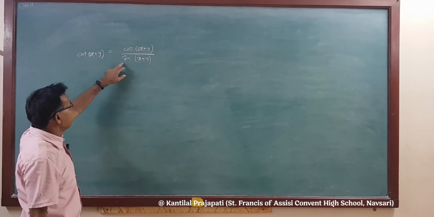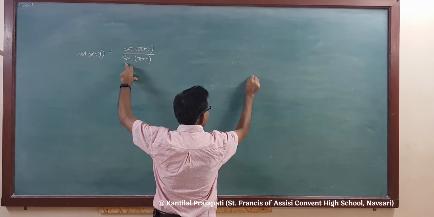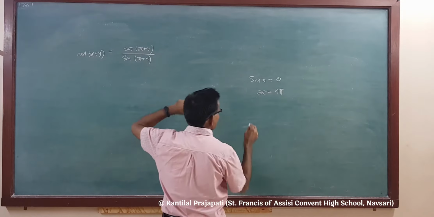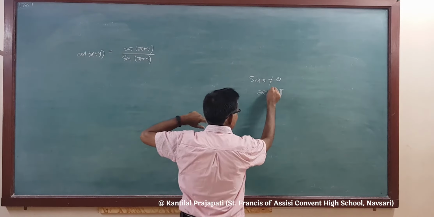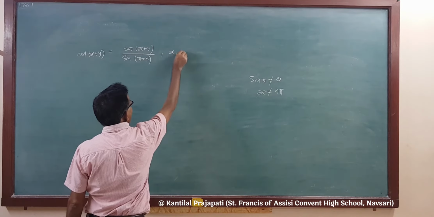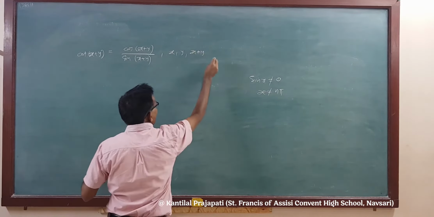Here the denominator is sin, and therefore sin x is 0 when x is equal to n pi, the set of zeros of the sin function, which we remember. Since sin x must be non-zero, x is not equal to n pi. So we must write here that x, y, and x plus y are not equal to n pi, where n belongs to Z. This is the required condition to define cot(x plus y).